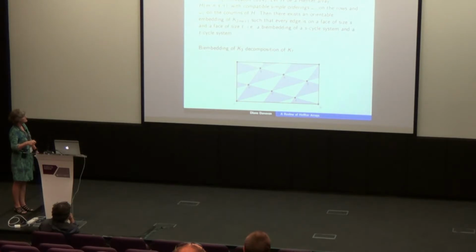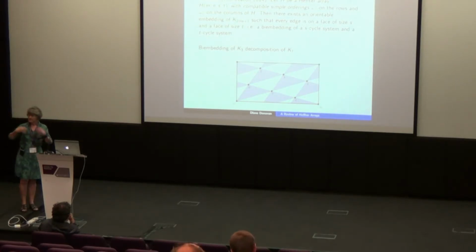So in other words, it gives me a bi-embedding of an s-cycle system with a t-cycle system. When I think about K_{2ms+1} being bi-embedded in an orientable surface, if I've got these Heffter arrays and they have nice properties, then I can move into this topological graph theory and think about bi-embeddings. So that's why they're interesting.